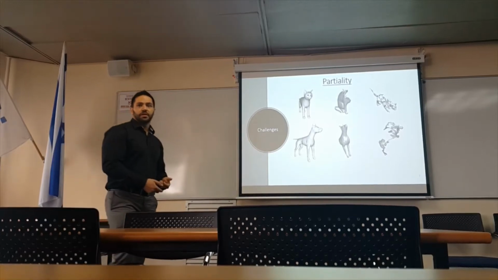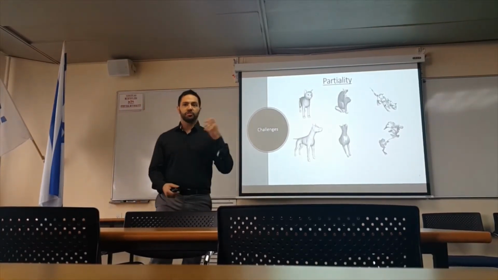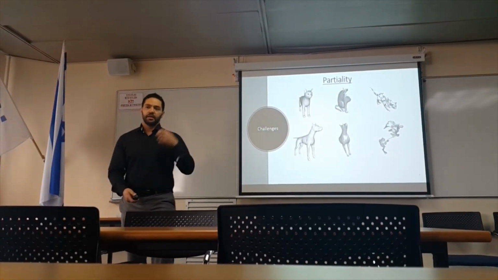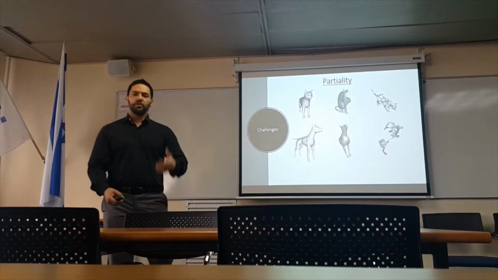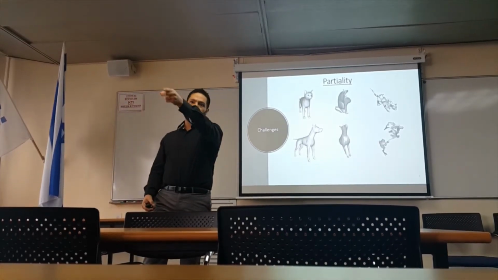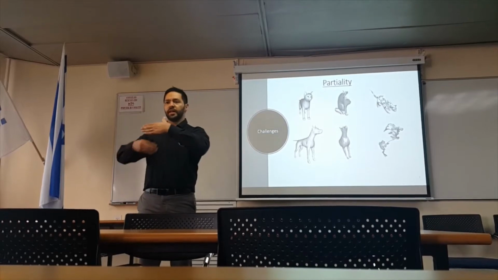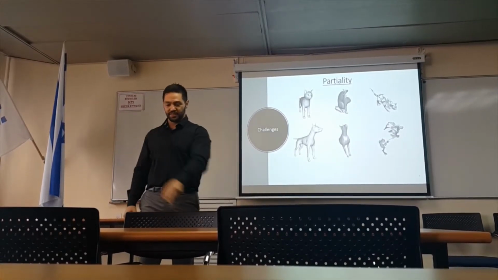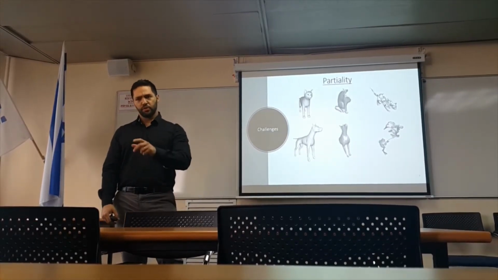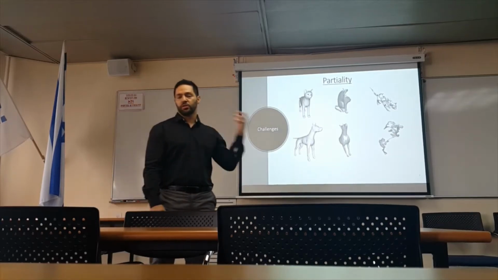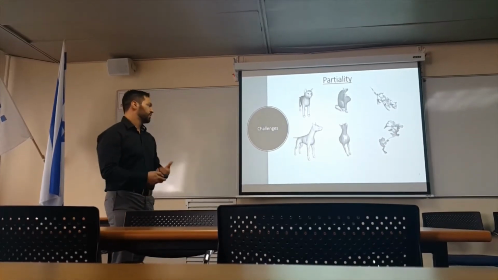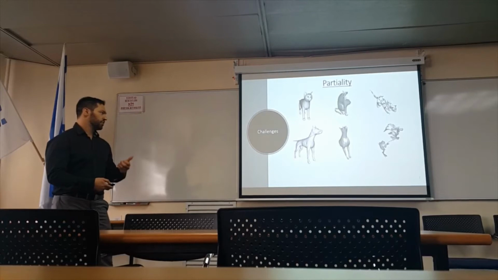What else? Well, partiality. Because of how we acquire the data, a lot of parts get occluded. For example, if the camera would be in the back of the room, my hand would occlude my chest, and the tables would occlude the rest of my body, so a lot of the data will be partial. What happens when the data is partial?